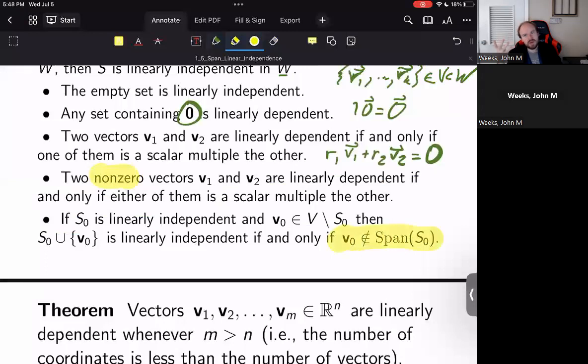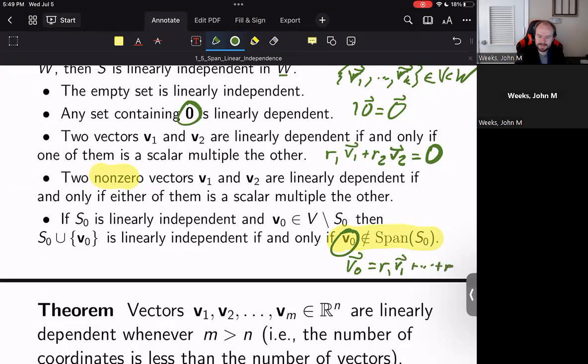Well, why is this true? This goes back to that same kind of analog definition of what we had before, this time in terms of span. If V naught were in the span of the set S naught, then adding this element would introduce a linear dependence relationship, because V naught is going to be a linear combination of the other vectors.